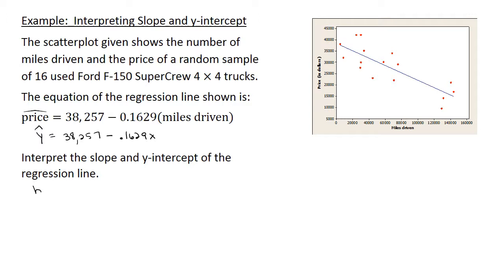If we want to interpret the slope, we know the slope is the b, and it's negative 0.1629.